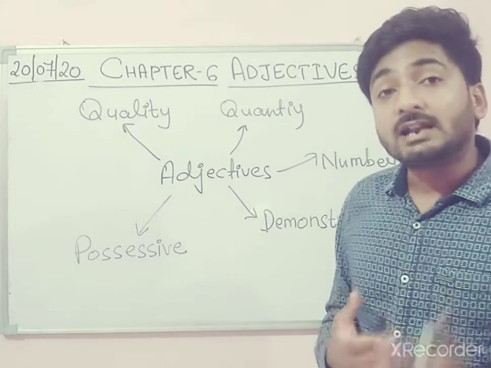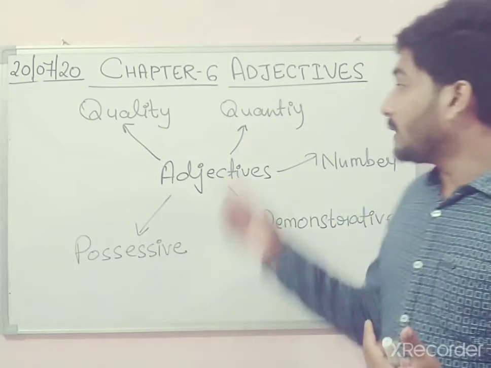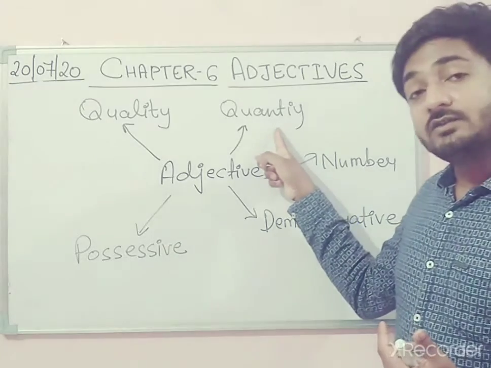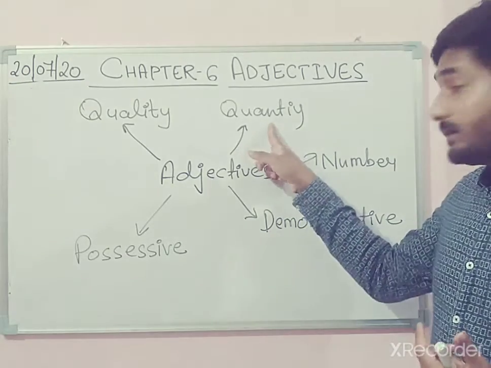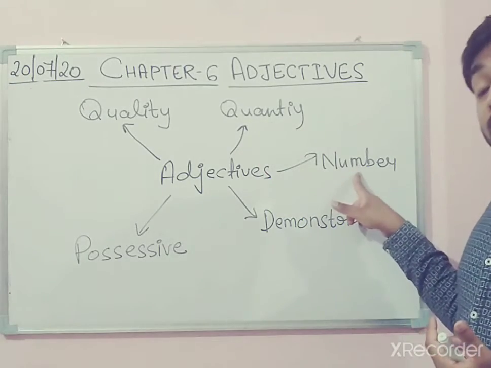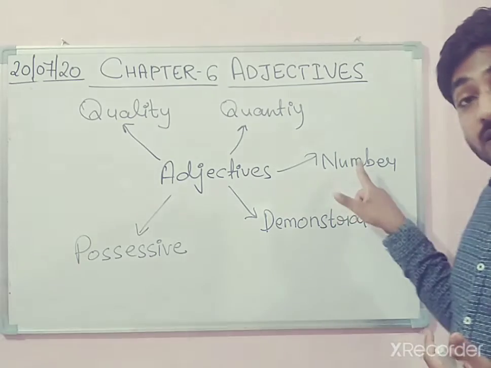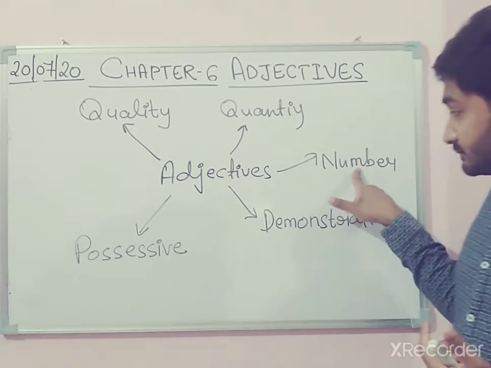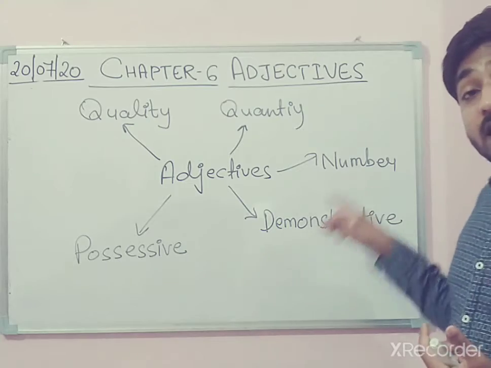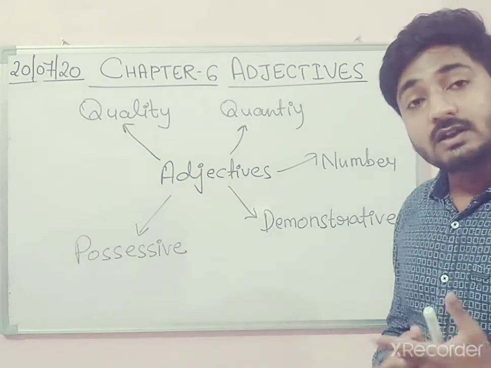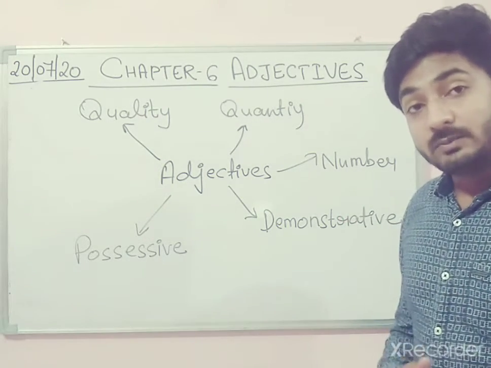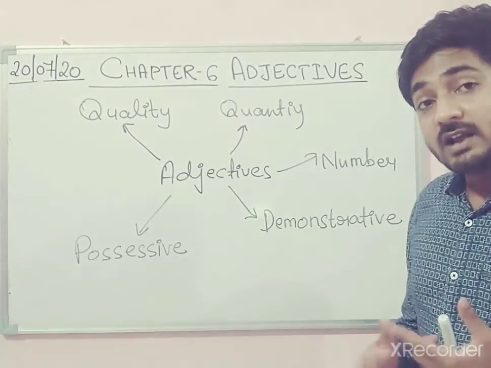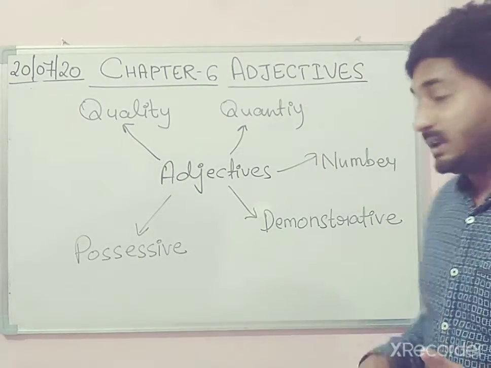That means for uncountable nouns which we cannot count, for that we use adjective of quantity. Then adjective of number. As you can think by the name, we use them for a noun which is countable. Okay, and where we are answering the question how many.